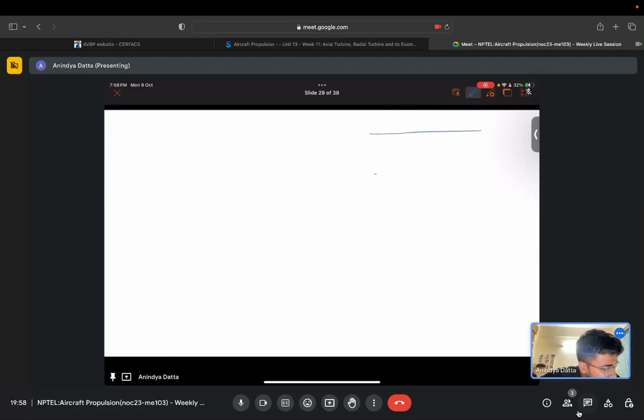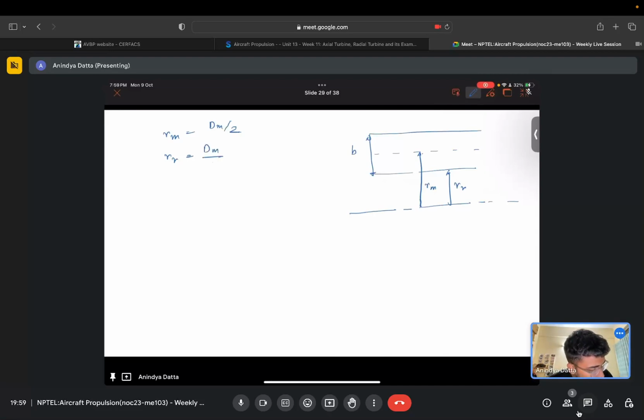So remember, this is our B. Let's say this is our rotor axis, so this is our Rm, this is our Rr. What we can write is Rm is equal to dm by 2, Rr is equal to dm by 2 minus b by 2.